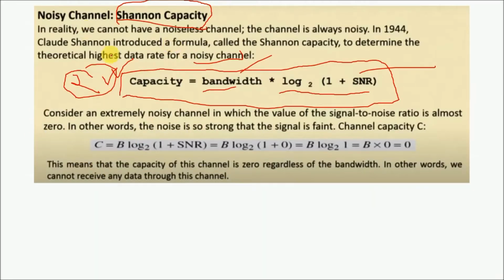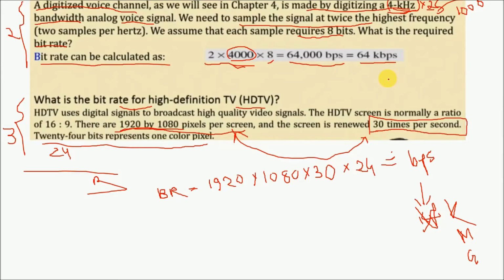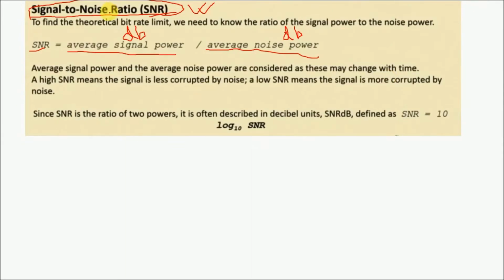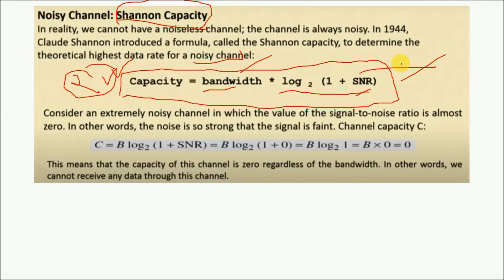One interesting phenomenon we can derive from this formula is what happens if your channel is very noisy. The SNR is average signal power divided by noise power. If the noise is very high, tending to infinity, then signal power by noise power will be 0.